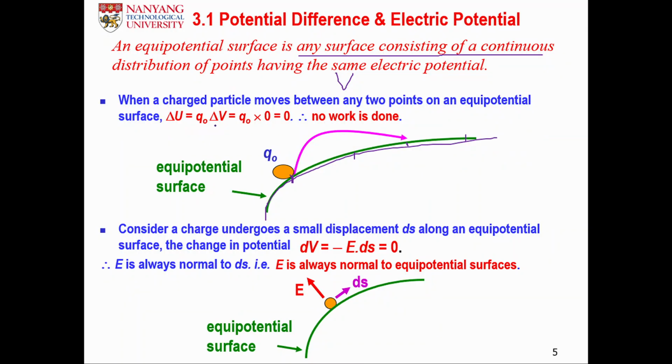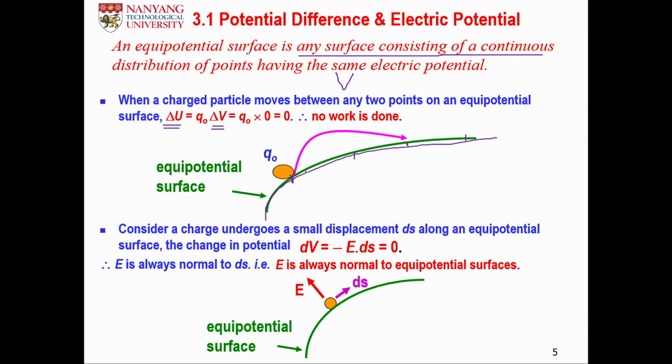If the V values are all the same, then delta V, say V1 minus V2, V2 minus V3, should all be 0. And if delta V is 0, then delta U, the potential energy difference, is always 0 for any two points on the equipotential surface.